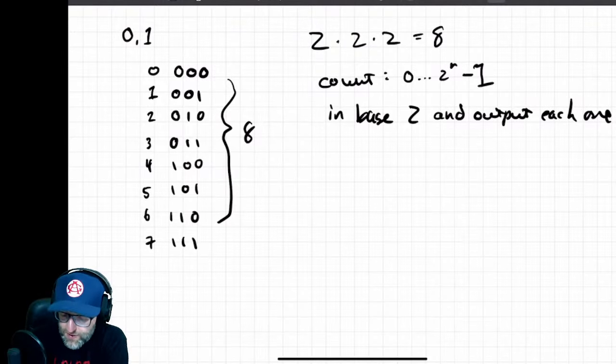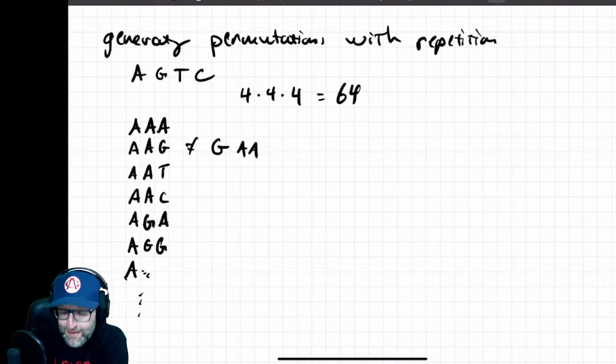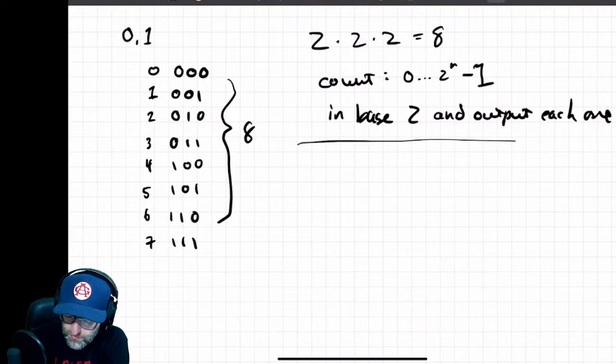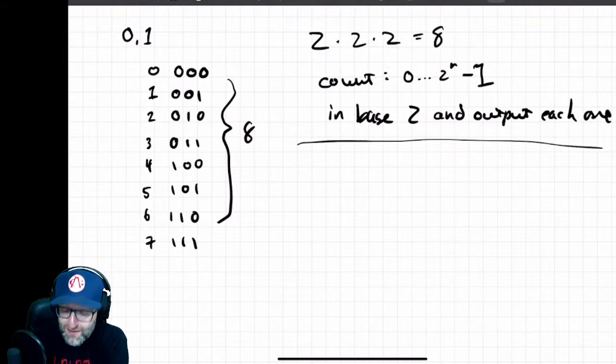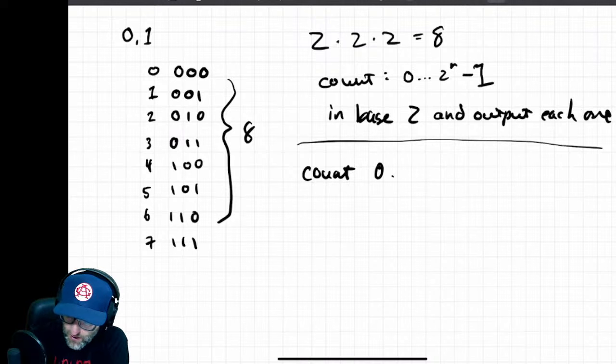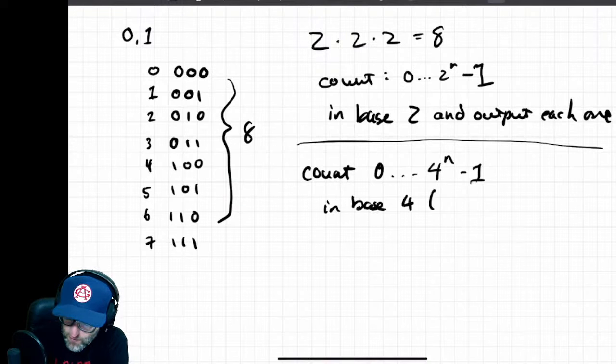What does that look like with respect to the DNA sequences? Well, that's the same thing. It's just base 4. Count 0 up to 4 to the n minus 1 in base 4. In other words, use 0, 1, 2, and 3.